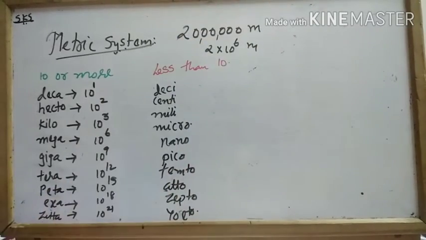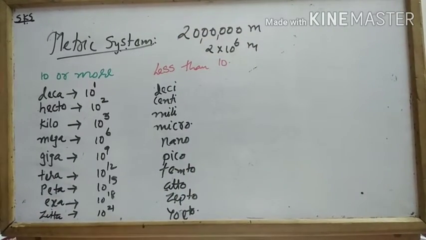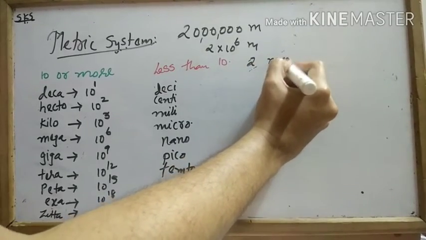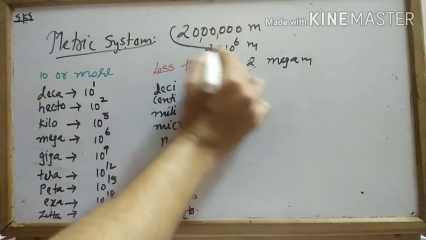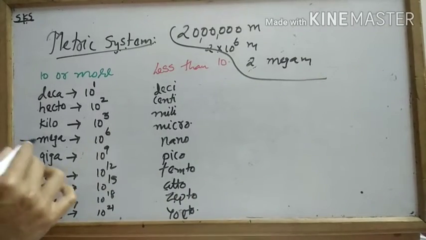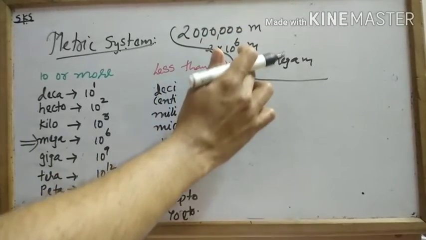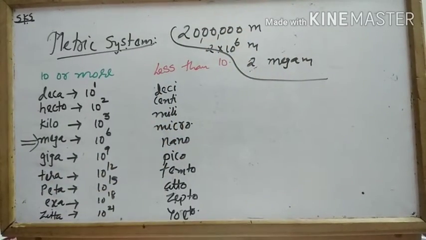Instead of writing that, I'll be writing 2 megameters. I hope you understand this. What is used here is megameters. So instead of writing 2 into 10 raised to 6 meters, it is written as 2 megameters.